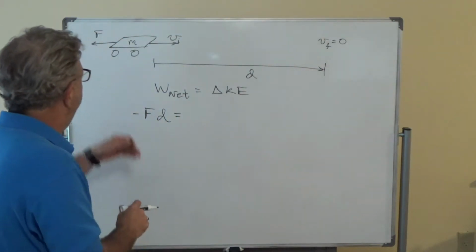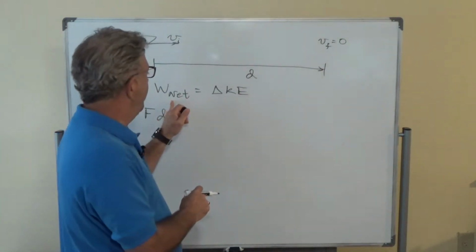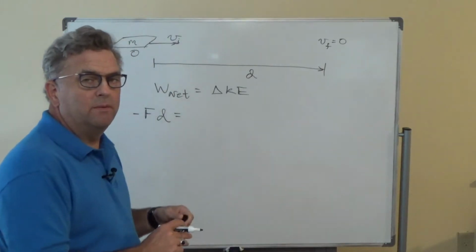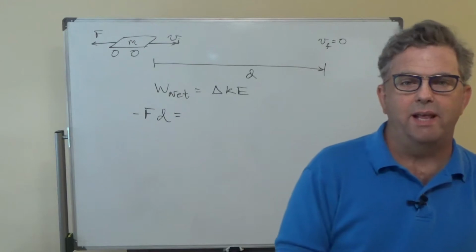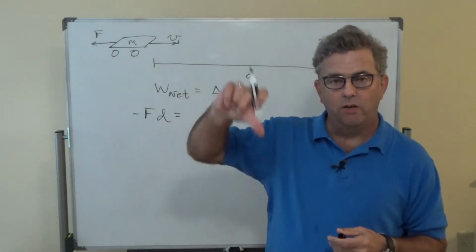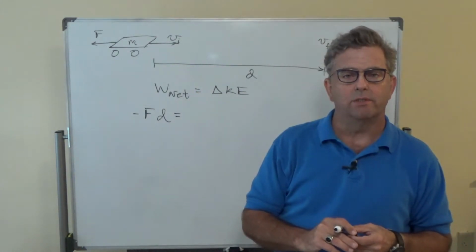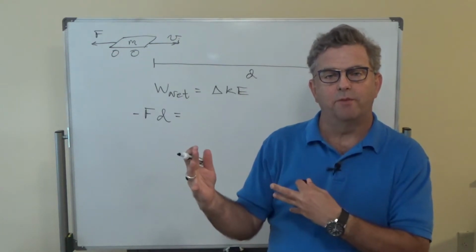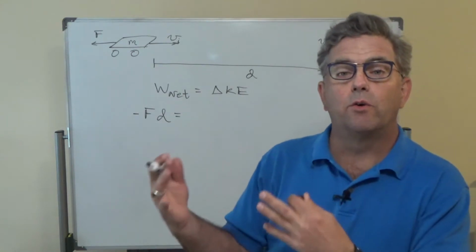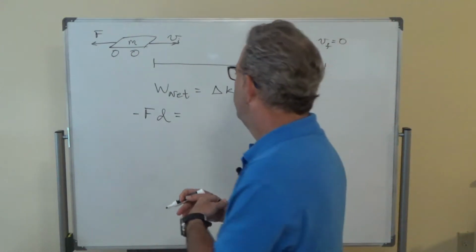So this force is doing a negative amount of work. Forces that do negative amounts of work slow things down. They decrease the kinetic energy of an object. Forces that do positive amounts of work increase the kinetic energy.